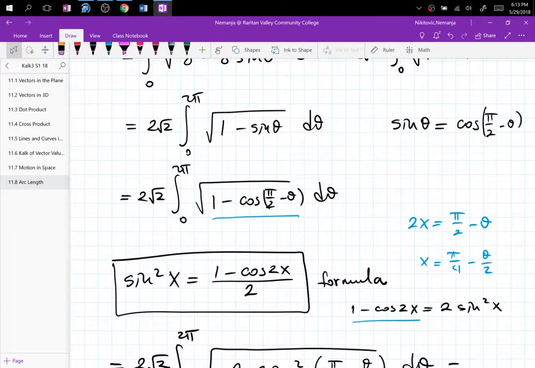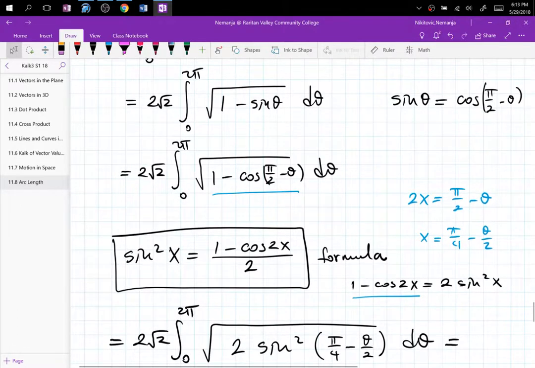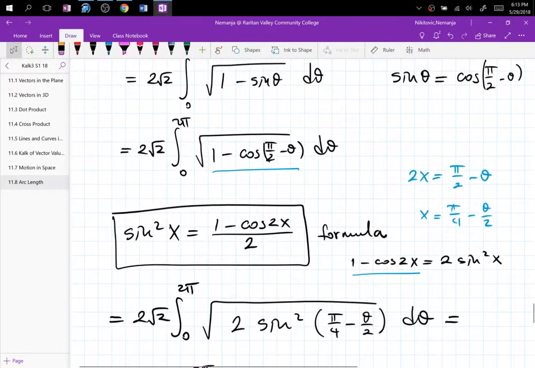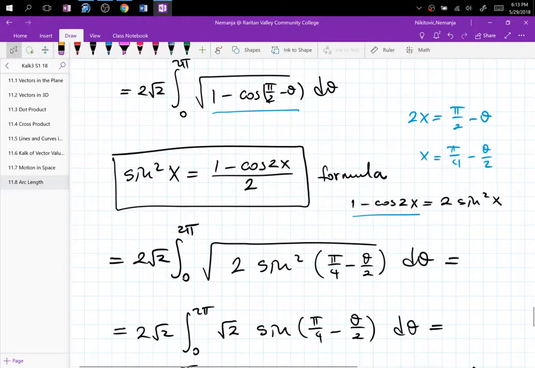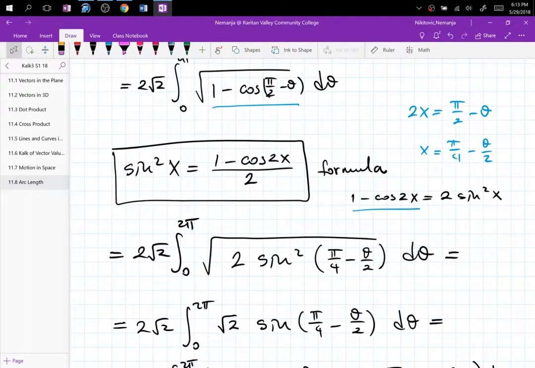Sine squared x is 1, yeah. Cosine 2x over 2. It's probably over here somewhere. So when I move the 2 to the other side, and then I compare 1 minus cosine 2x is equal to this.